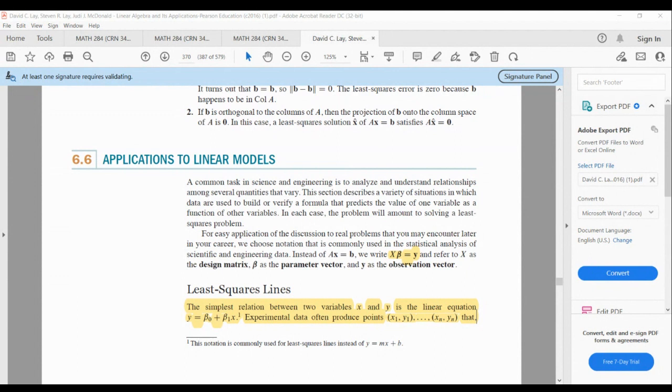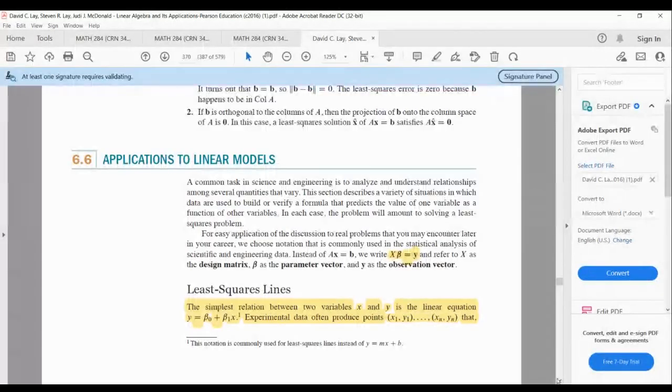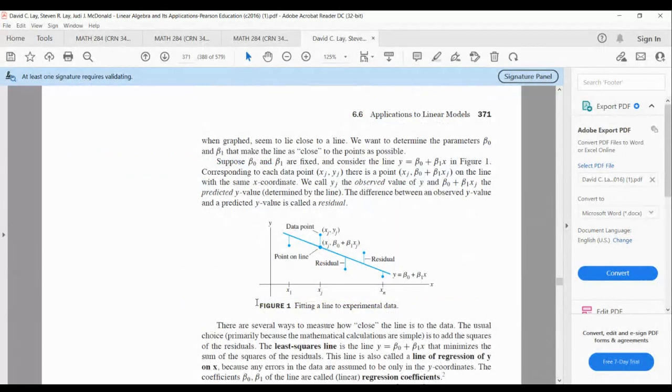And the concept is that we can relate those ideas to linear algebra. So let me show you here. Let me go down here, and we look at figure 1.